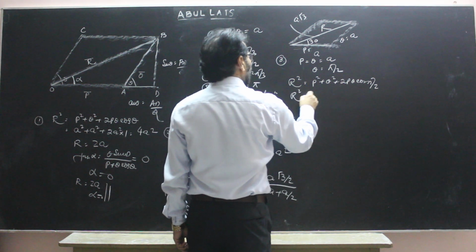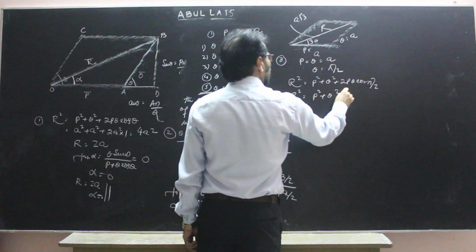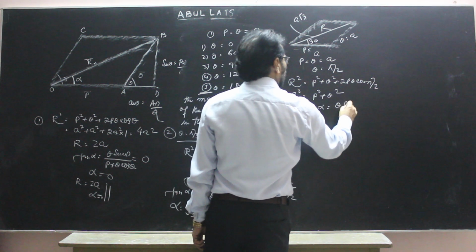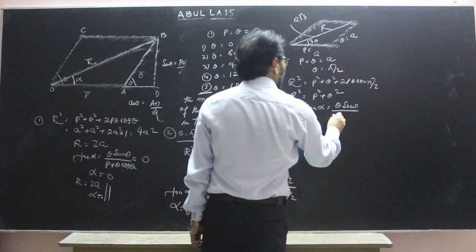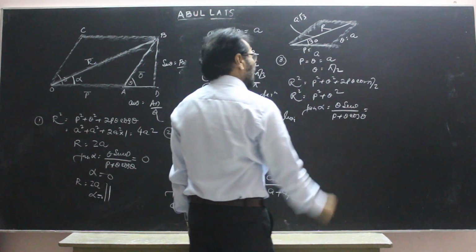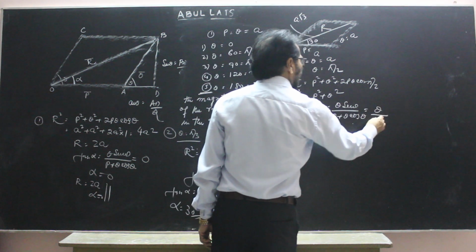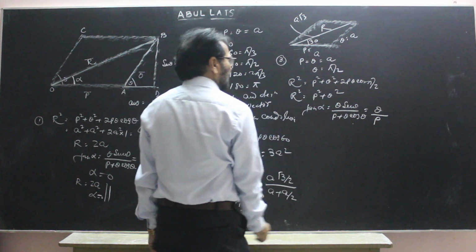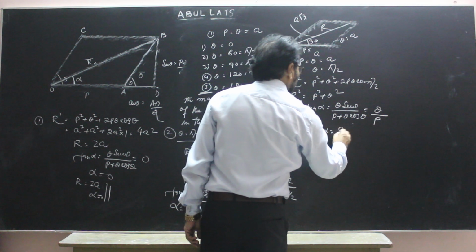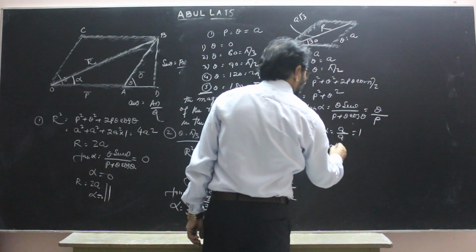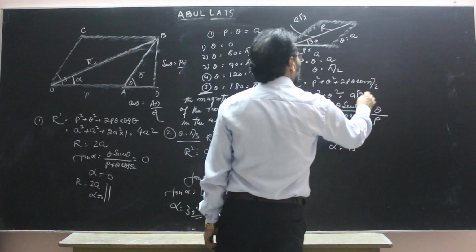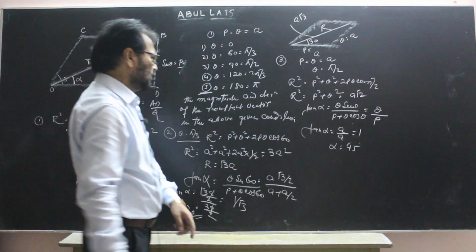So R square is P square plus Q square, and tan alpha is Q sin theta over P plus Q cos theta. Sin 90 is 1, cos 90 is 0, so it is Q by P. And tan alpha is A by A, 1, alpha is 45 degree, and R is A root 2 because P and Q both are the same.